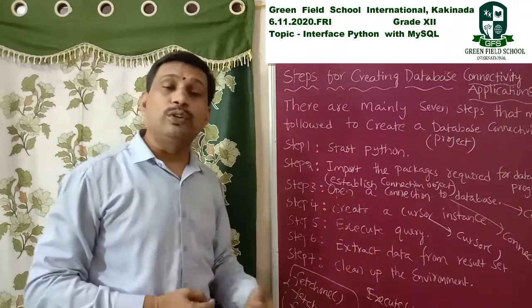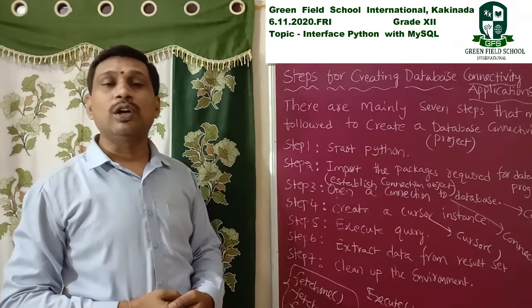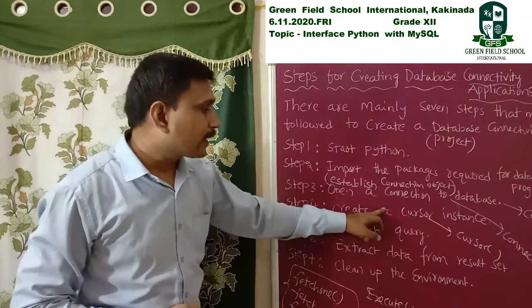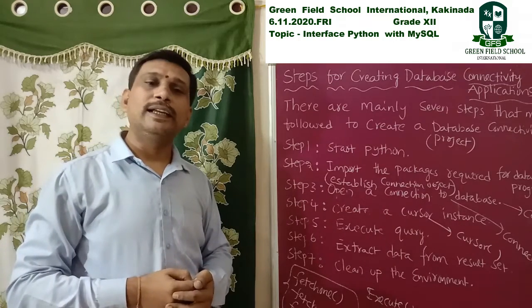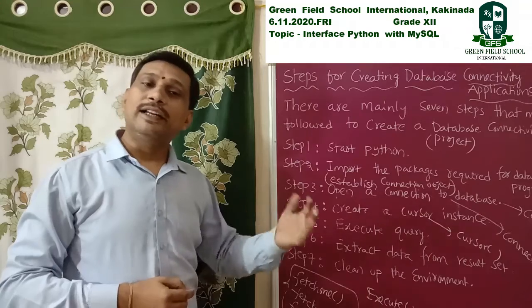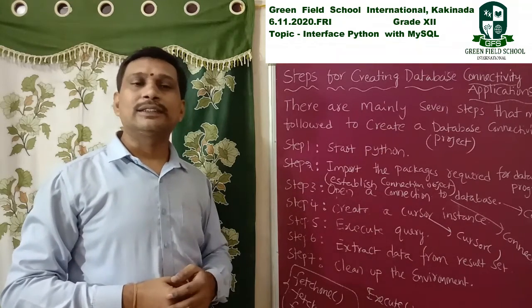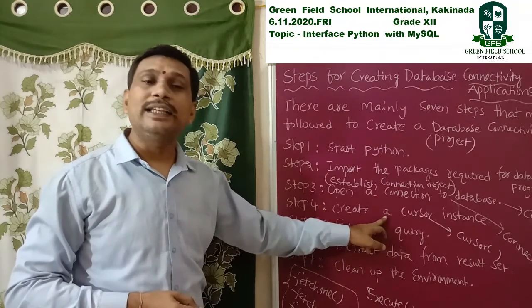Here we use one more property, that is rowcount. How many rows are present in that cursor instance? The cursor stores some data, student data. In that we store one tuple, one record, or more than one record, or all records. So how many records are present in this cursor instance?